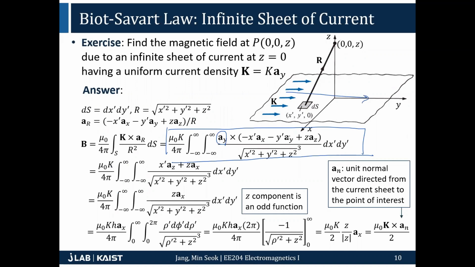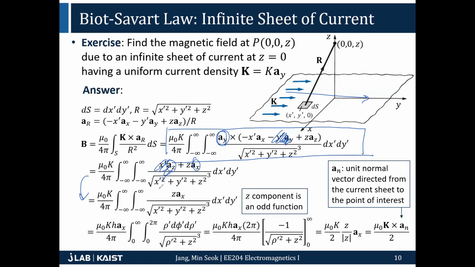So a_y cross a_y is 0. And a_y cross a_x becomes negative a_z. And a_y cross a_z becomes a_x. Right? And from here to here, I just erased the a_z component.